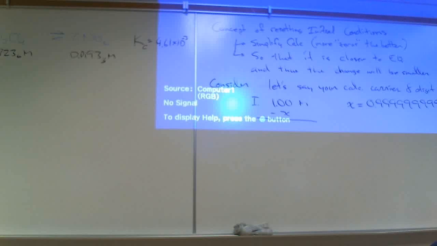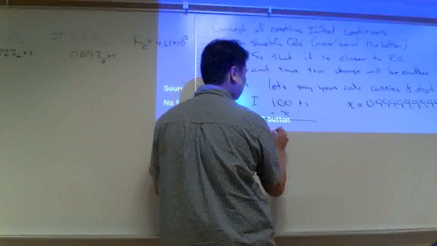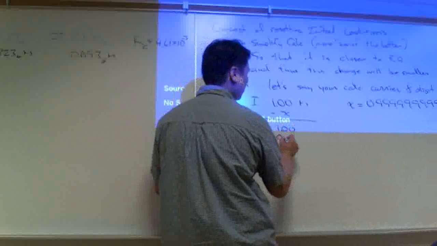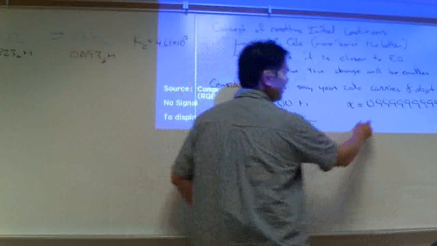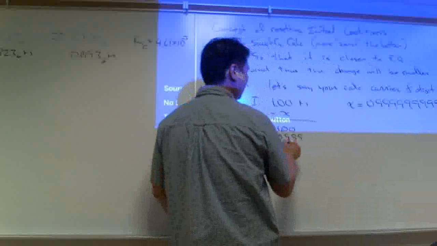Well, if you do it in Excel, then it's going to punch out 0.999999993, and then what are we going to be left with? It's going to be 1.00 minus 0.999. How many nines do I have? 9 nines.